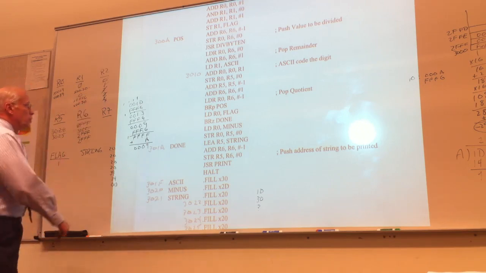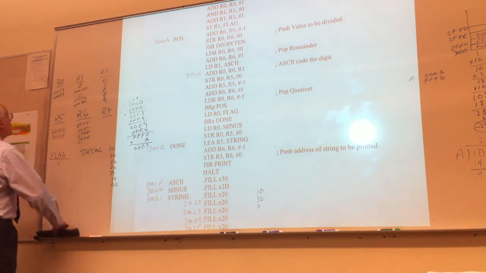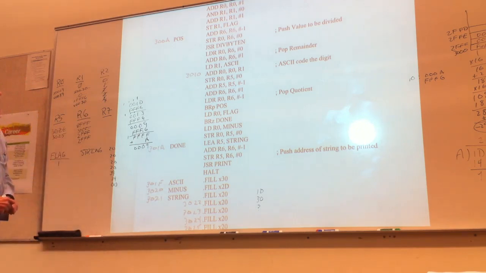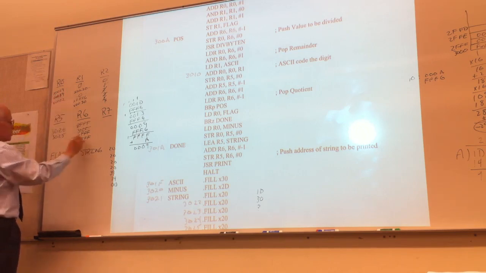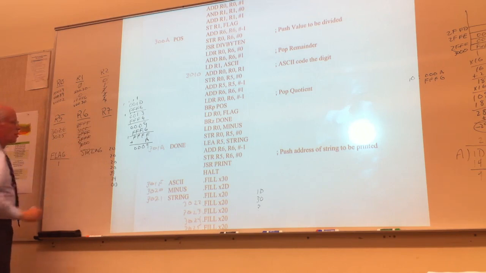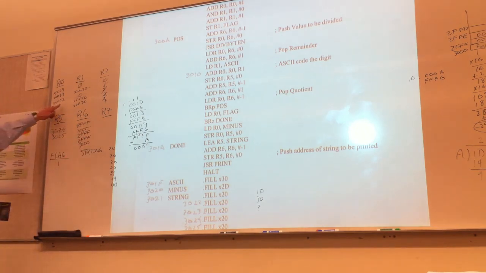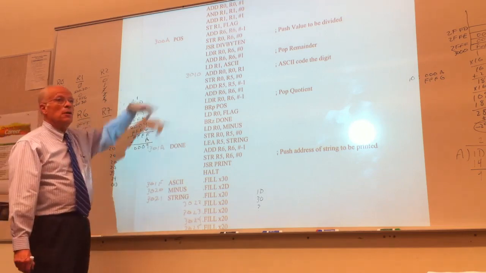Now we pop the quotient into register 0, and that's 2, and this now goes back to 3000 when we pop it. This result is still positive, so I do it again.